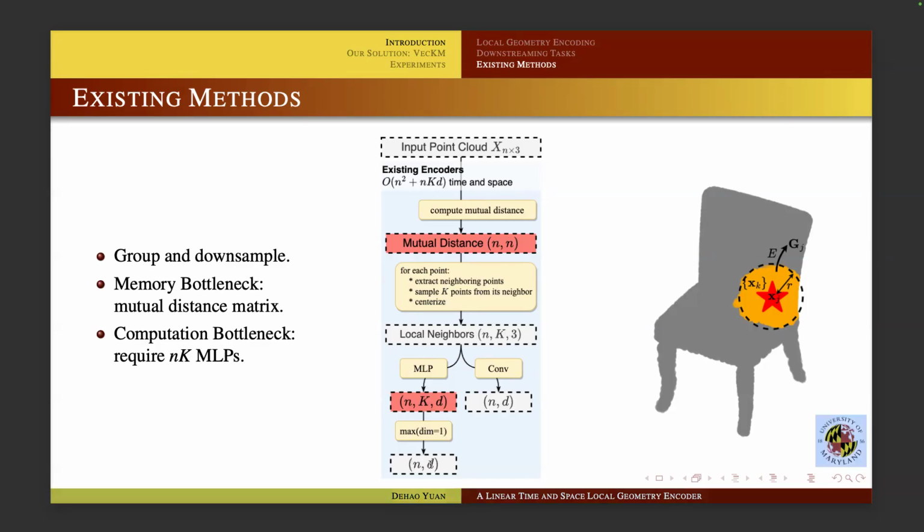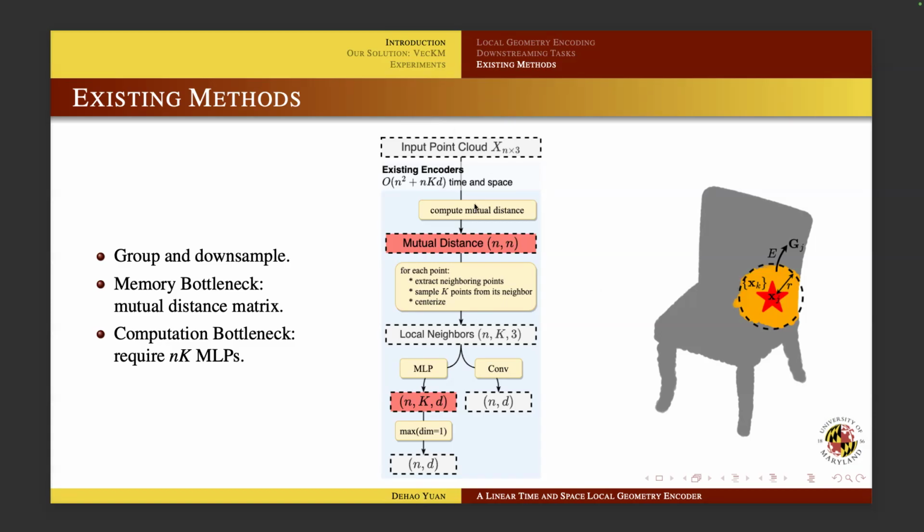So this will become n by d. As you remember, the input is n by 3 and the output is n by d. This is how existing methods implement local geometry encoding. Basically, they explicitly group the points into neighborhoods and then apply a multi-layer perceptron in the local neighborhood.